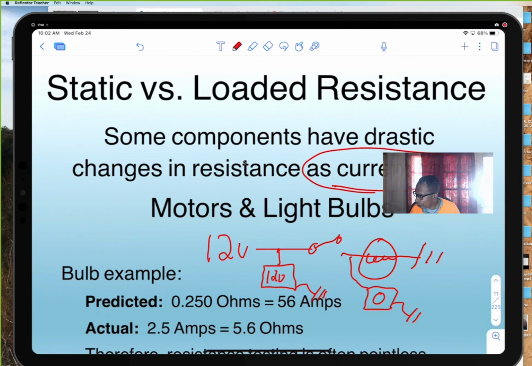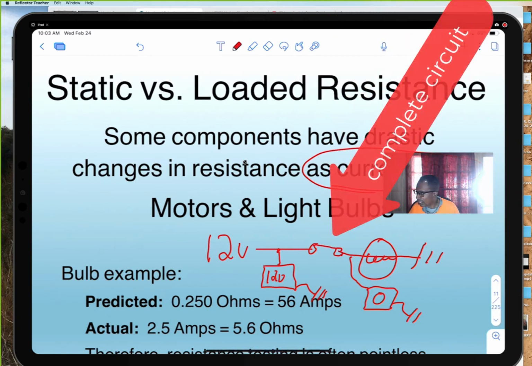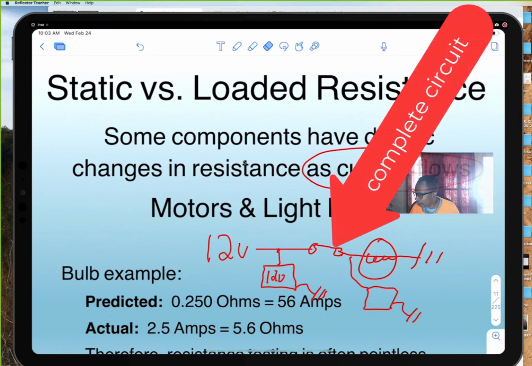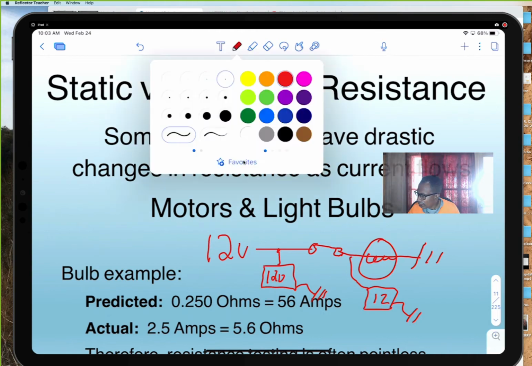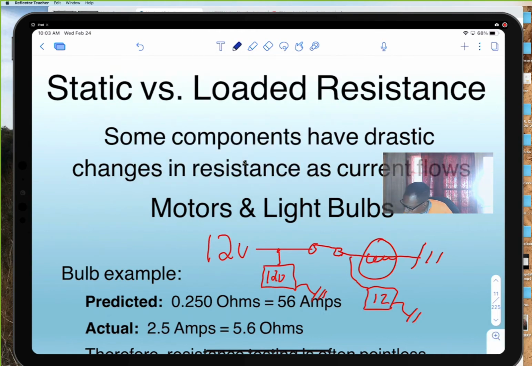Now, once you close the switch, once I close that switch, that 0 now goes to what? 12, exactly. All right, this is going to be a good example. Now, I'm going to have 12 all the way up to this point here. So it's going to be 12 all the way up to here. 12 volts.